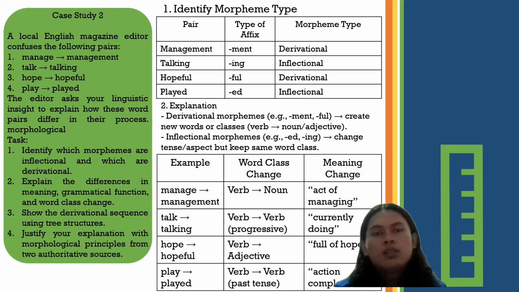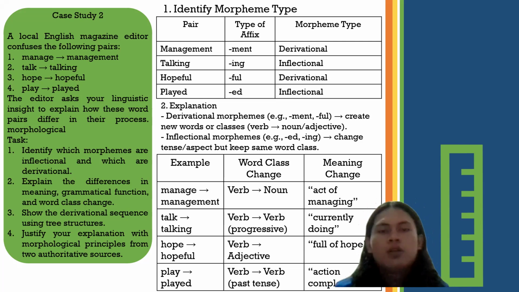The next pair is hopeful. The type of affix is ful. And the morpheme type is derivational. And the last pair is played. The type of affix is ed, and the morpheme type is inflectional.